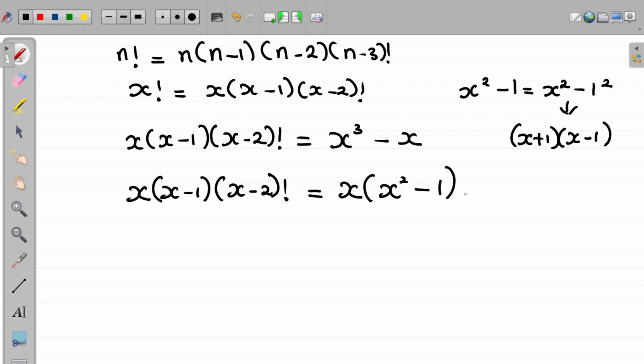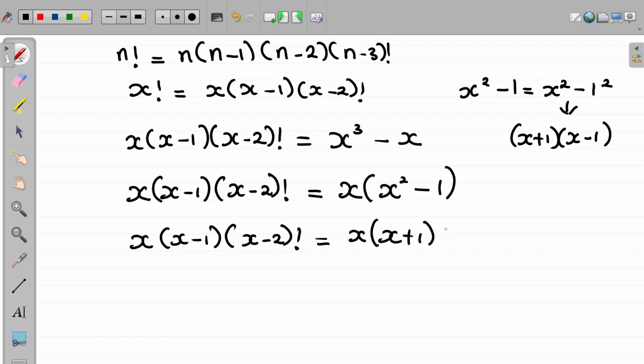So on our right hand side, our equation becomes x minus 1 multiplied by x minus 2 factorial equal to x, open up your bracket, x plus 1 multiplied by x minus 1.